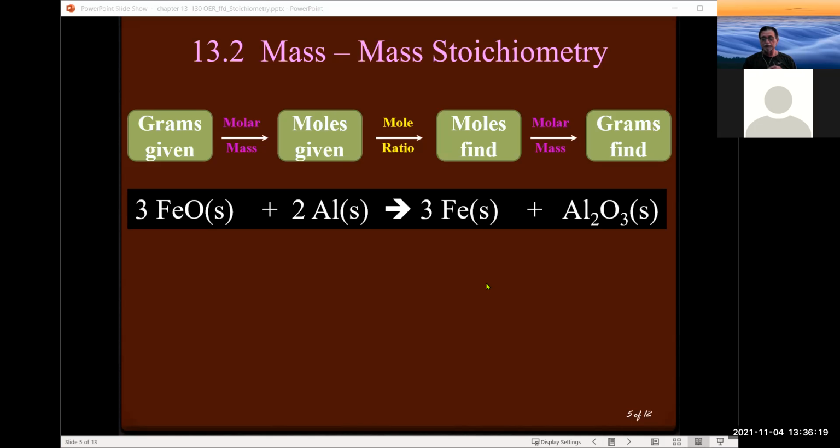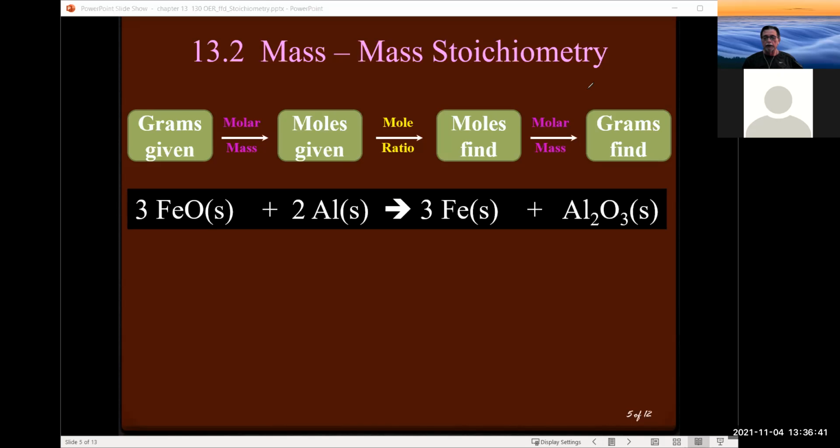This definitely looks like a single replacement reaction, right? The aluminum is replacing the iron in the iron 3 oxide. So we balance it, and then we note the ratios of the reaction, 3 to 2 for iron 3 oxide and aluminum, and so forth.